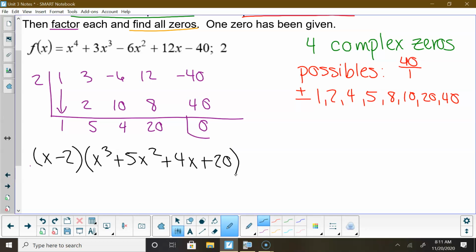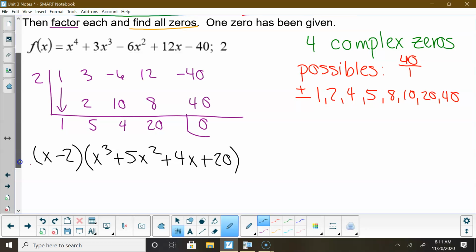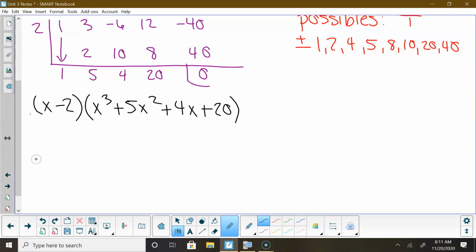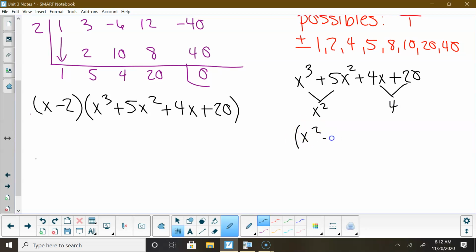Yes? Can I factor that cubic? So I can factor that one by grouping. Get myself a little bit more space. So x cubed plus 5x squared plus 4x plus 20 becomes x squared plus 4 times x plus 5.